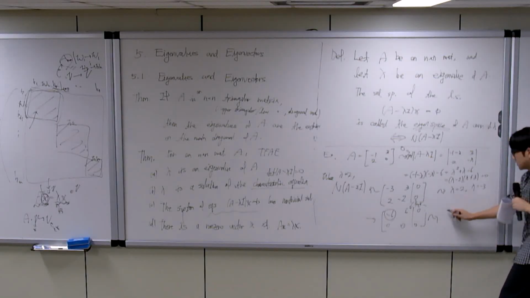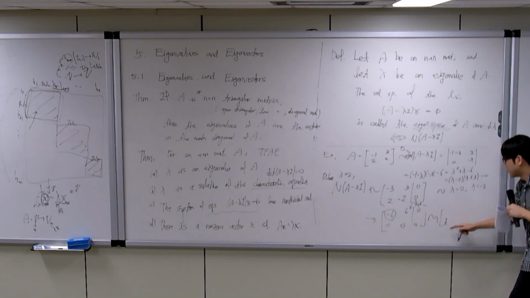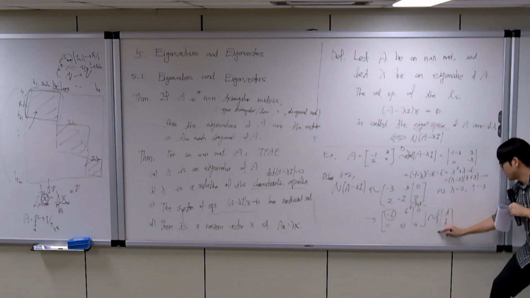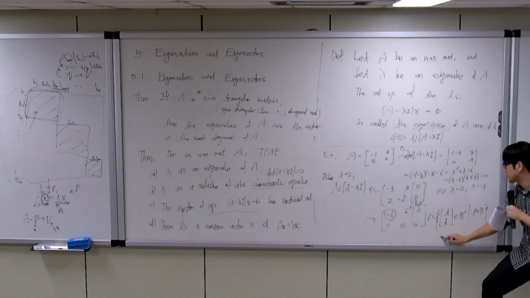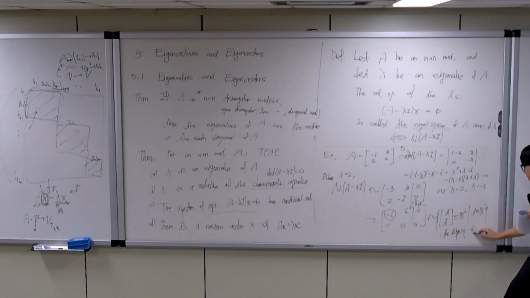By giving a parameter t, the solution set would be t times a vector, t in R, and it is the eigenspace of A corresponding to lambda equal to 2.